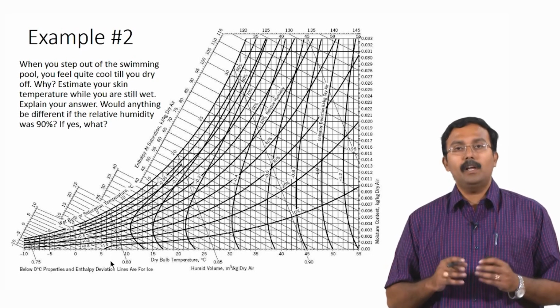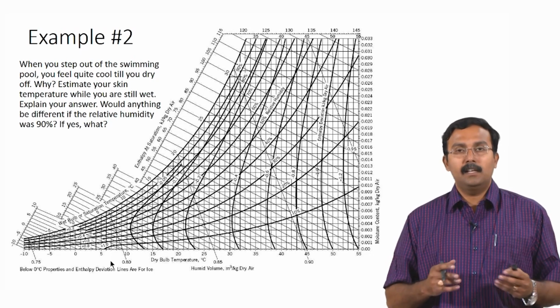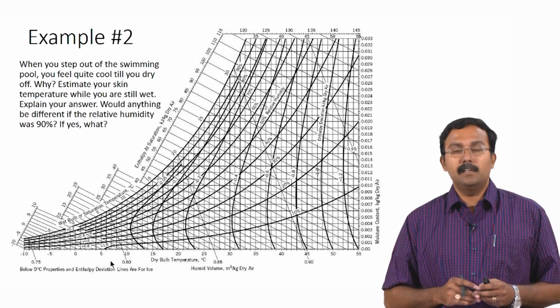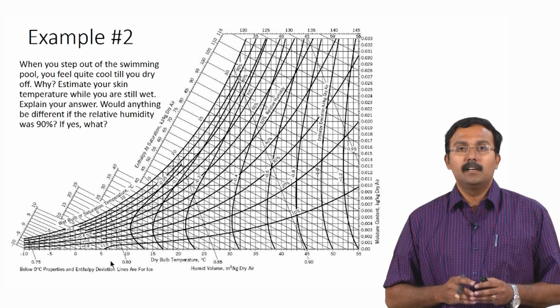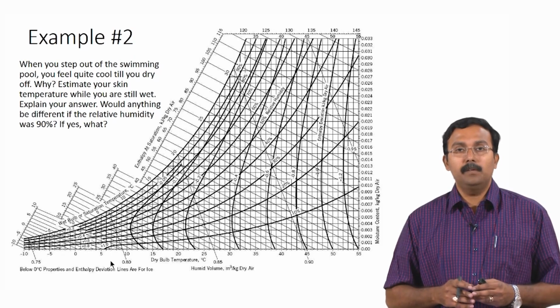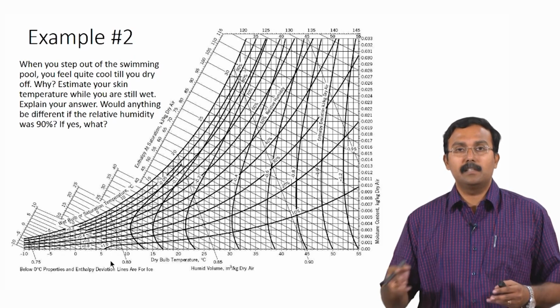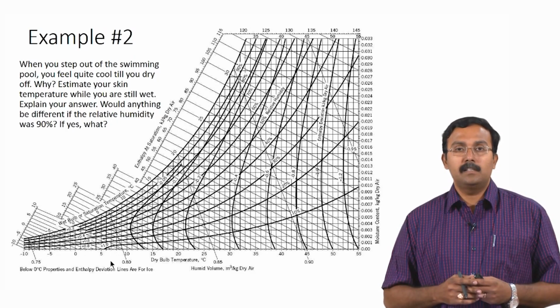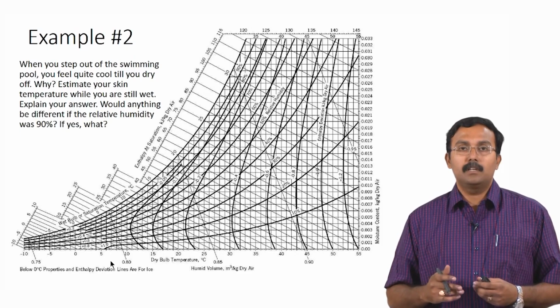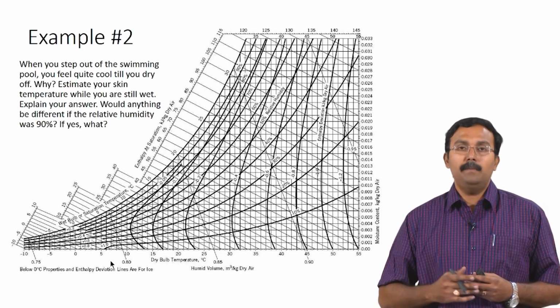First thing is, why are you feeling cold? Other than the fact that the temperature is 21 degrees Celsius, and most of us in India would never have experienced 21 degrees Celsius, especially people in South India like me, why do you think you are experiencing the chillness? Because the water on your body would actually be evaporating.